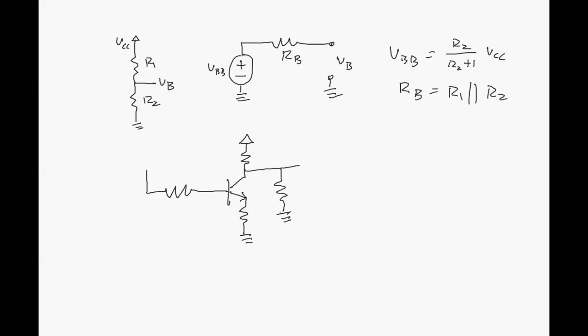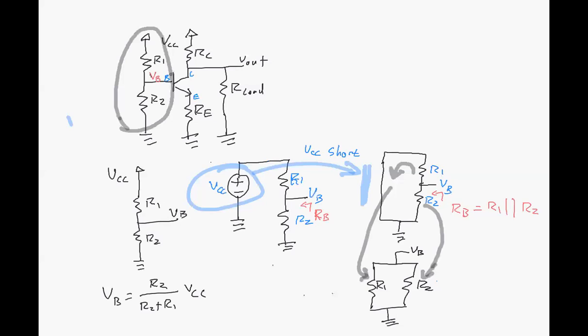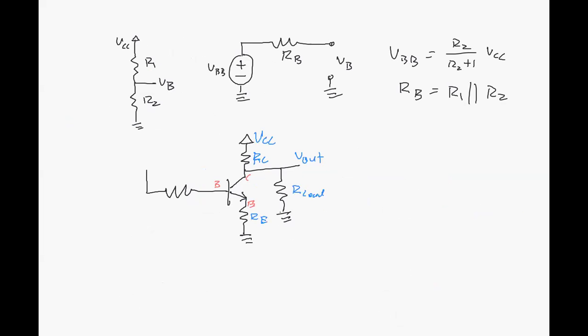A BJT, and we have a base, a collector, an emitter, and we have an RC, we have VCC up here still. We have a load resistance here, and a V out, and RE. All that's the same as it was in this original drawing up here. But now in this case, they would represent it as VBB up here. And this resistance here would be RB. They might actually often give that to you in a circuit diagram.